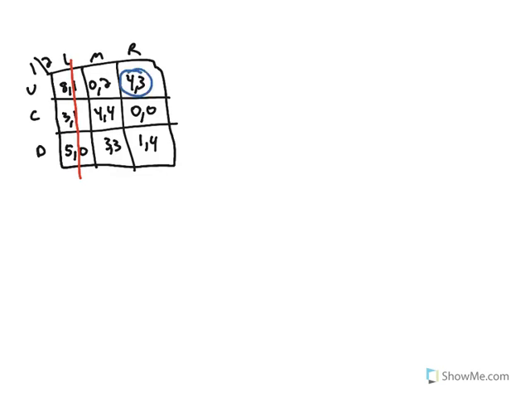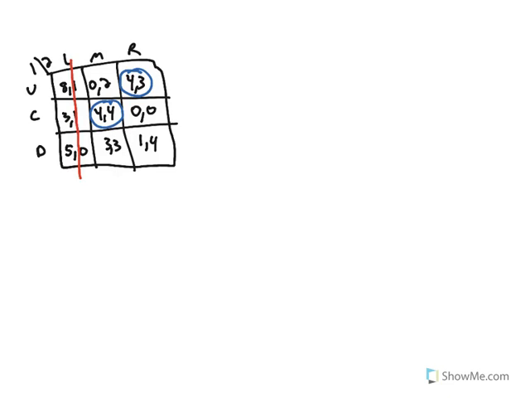And if player 1 plays C, player 2 plays M. If player 2 plays M, player 1 plays C. So that is a pure strategy Nash equilibrium. And if player 1 plays D, 2 plays R, and so that's it. So there are 2 pure strategy Nash equilibria, but there may also be mixed strategy Nash equilibria. So that's what we're going to do now, try to identify mixed strategy Nash equilibria.